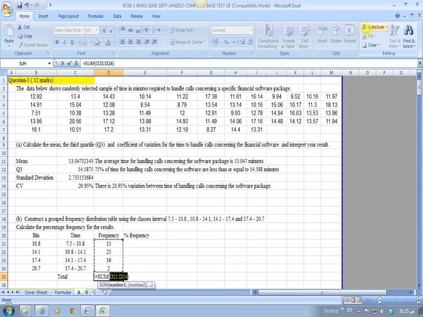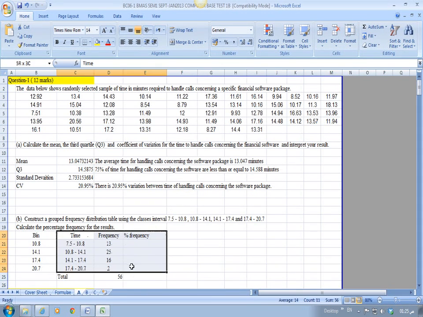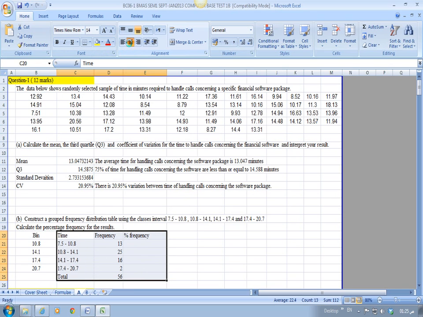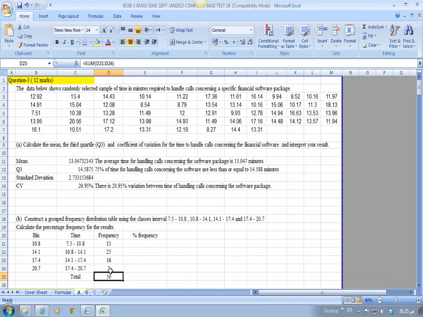So the total, sigma, and press Enter. You see here, these are the frequencies for all, and here is the total. If you count these, you will find the total is 56.